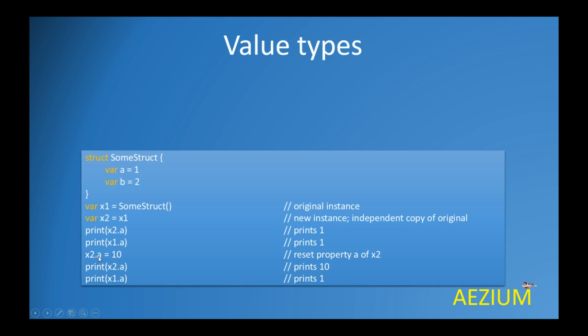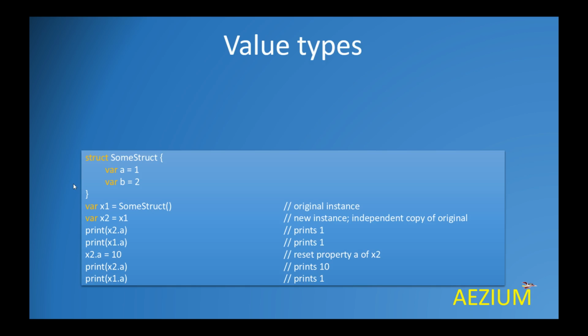So here we can see that the two instances indicated by x1 and x2 are independent. x1 and x2 will have their own sets of properties and methods, and whatever changes we make to the properties of one instance will have no effect on the values of the same properties of the second instance. So this is the definition of value types, and based on this discussion we can say that structures are value types.